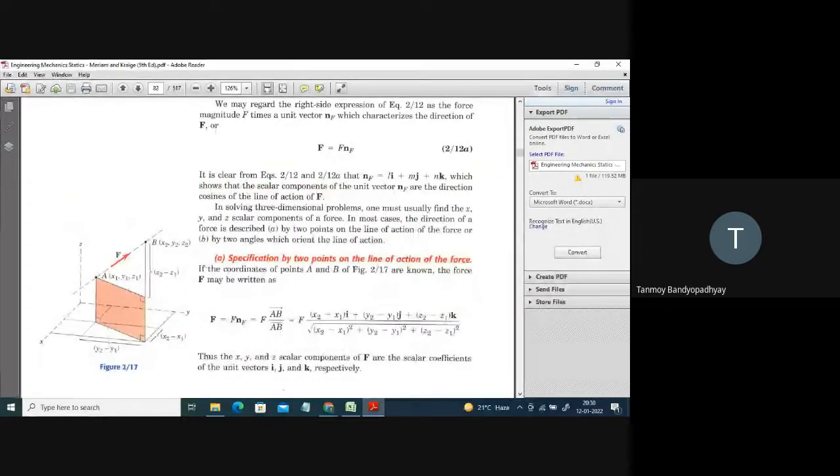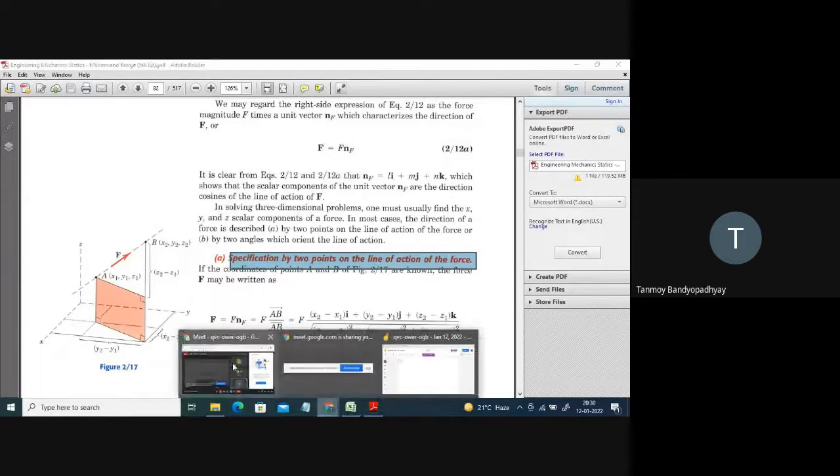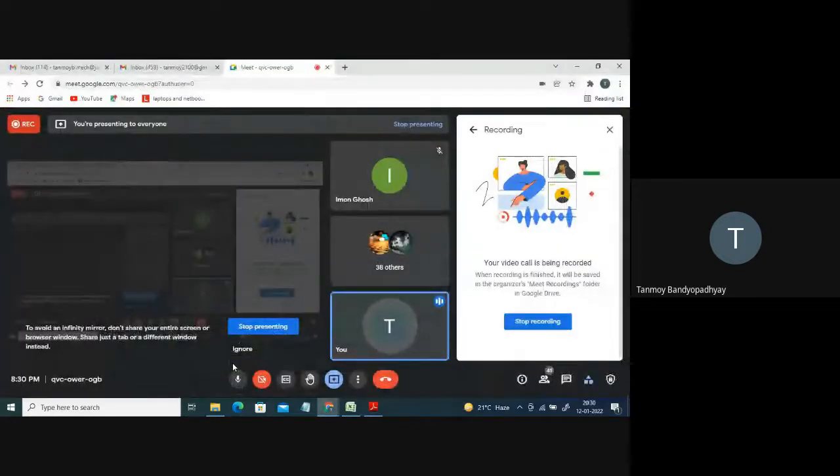This is method A, specification by 2 points on the line of action of the force. So if you know 2 points that lie on the line of action of the force, that is given to you, then from there you can present it.